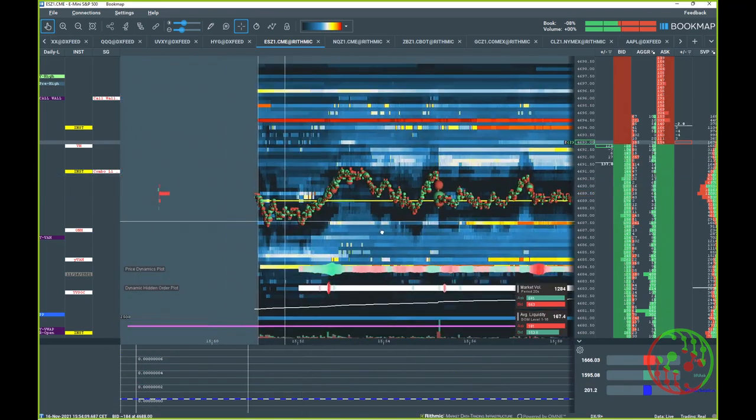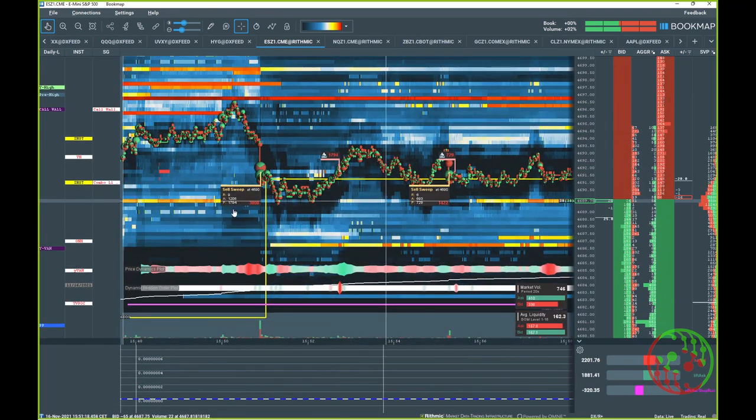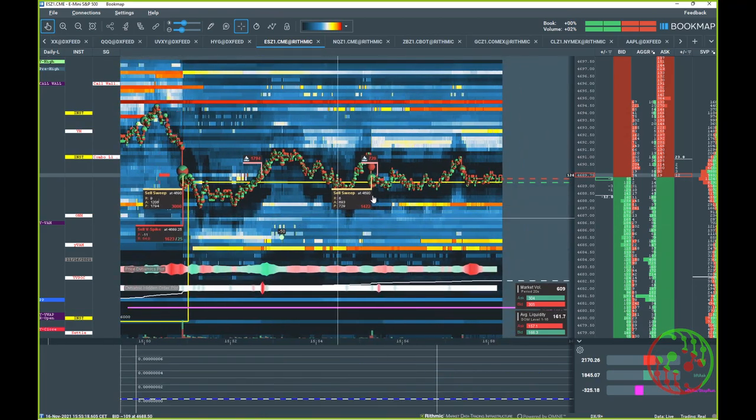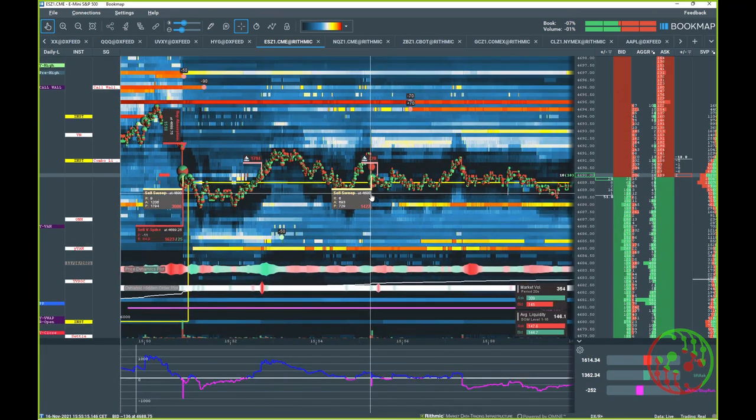By the way, in this case you see the sweep ended at 46.90, and the sweep ended at 46.90 here as well. That's fishing for contracts because he wants to go short. We will see what happens at the end of the day. He might be wrong, so that's not a guarantee that the market will drop very fast.